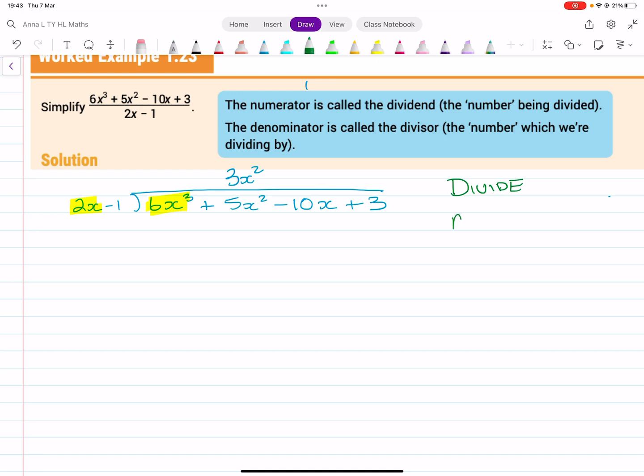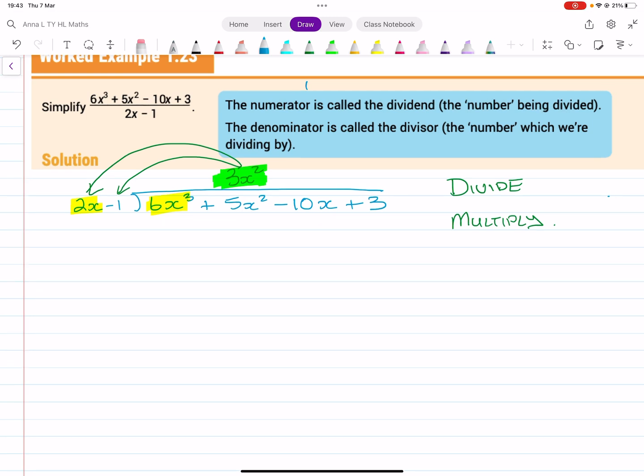The next part is multiply. So you multiply that 3x squared that you just got by 2x again. So 3x squared by 2x is x cubed.